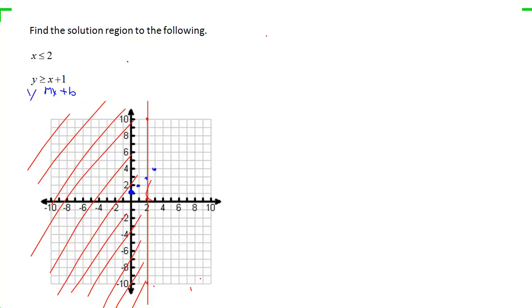And this one is also a solid line. So it looks something like that. And then it is greater than or equal to, so it's a solid line again, and it's greater than. So this one shades above the line.